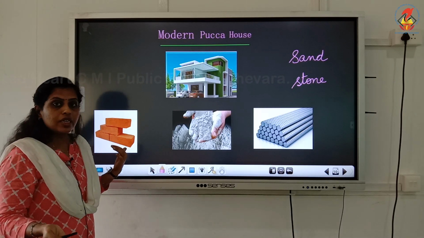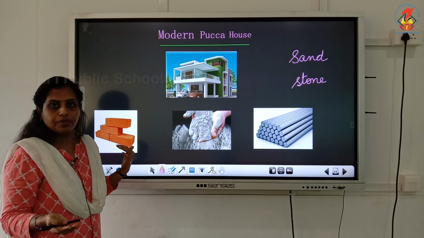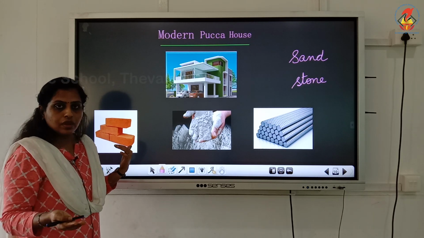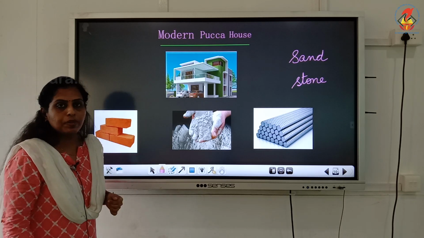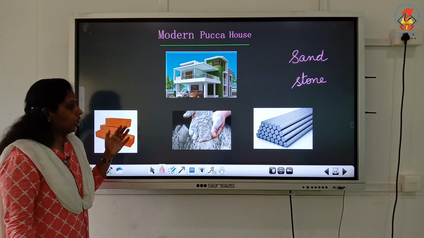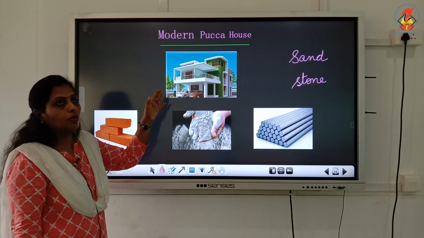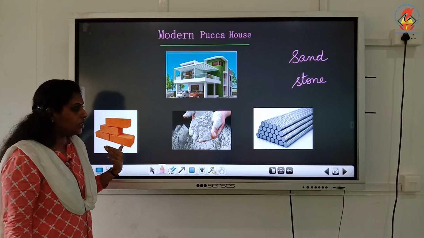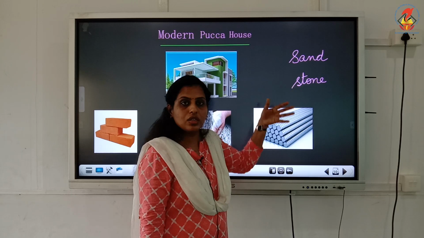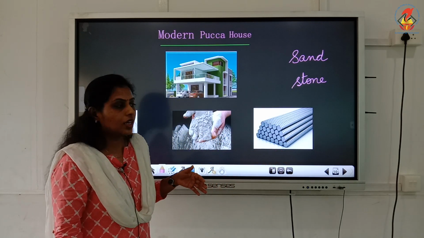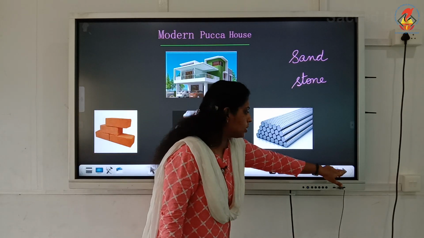Different kinds of bricks nowadays, like hollow bricks, they are using for the modern Pucca houses. So the materials used for modern Pucca houses are baked bricks, cement, iron rods, sand, stone. These are the different kinds of materials they use.